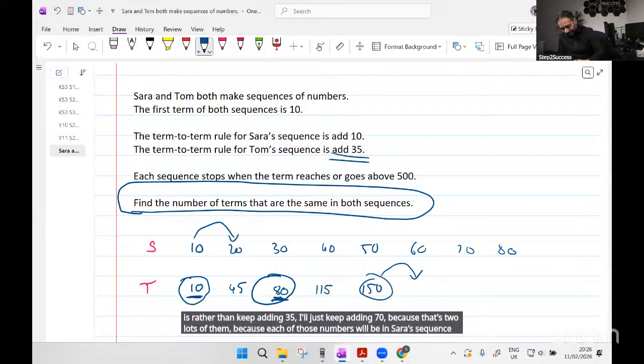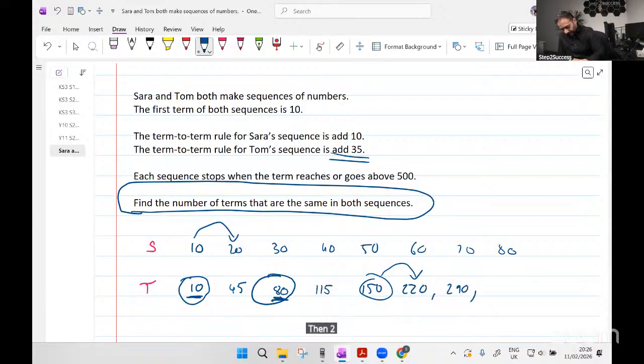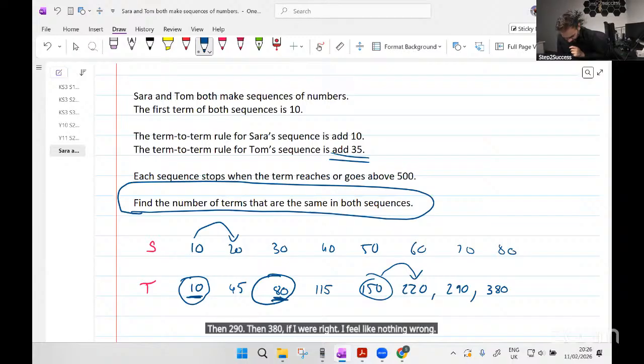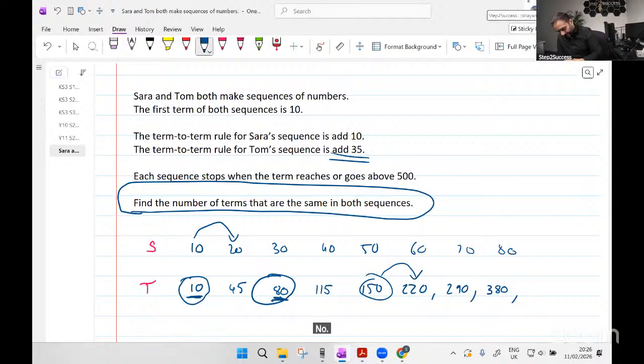If I add 70 to this, I get 220, then 290, then 380. If I got that out right, I feel like something's wrong. No. Add another 70 and I get 450, I think. I hope I've done that right.